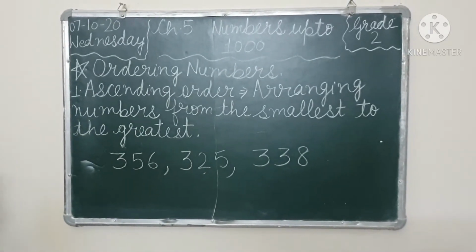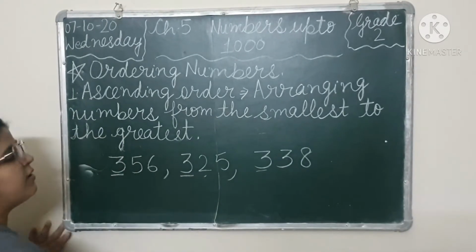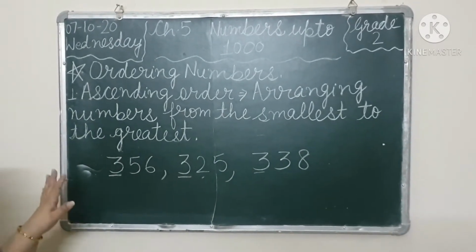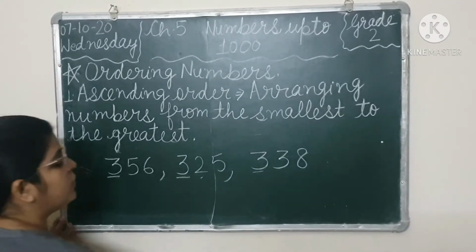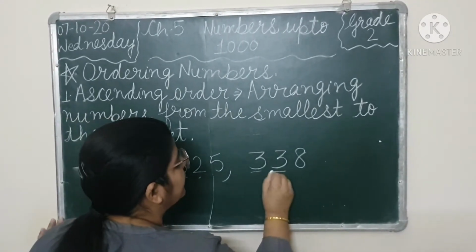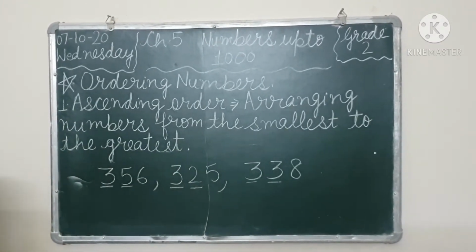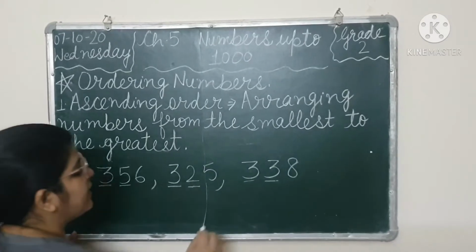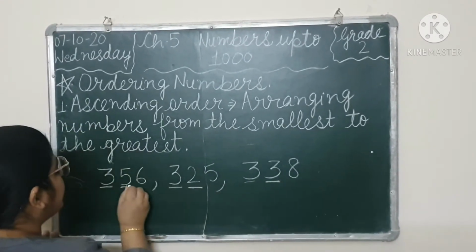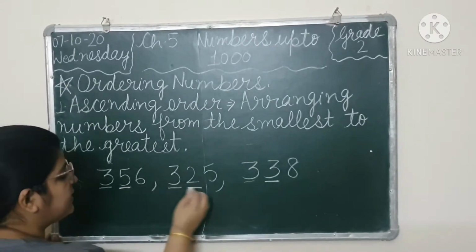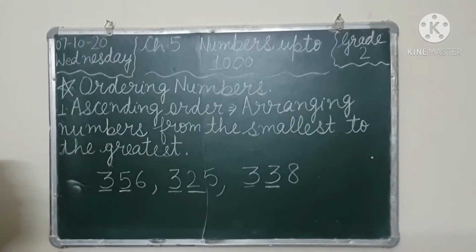In these numbers the 100 place value is the same. What is the 100 place value in these numbers? It is the same. So we see the tens place value. Here is 5, here is 2 and here is 3. Here is 56, 25 and 38.